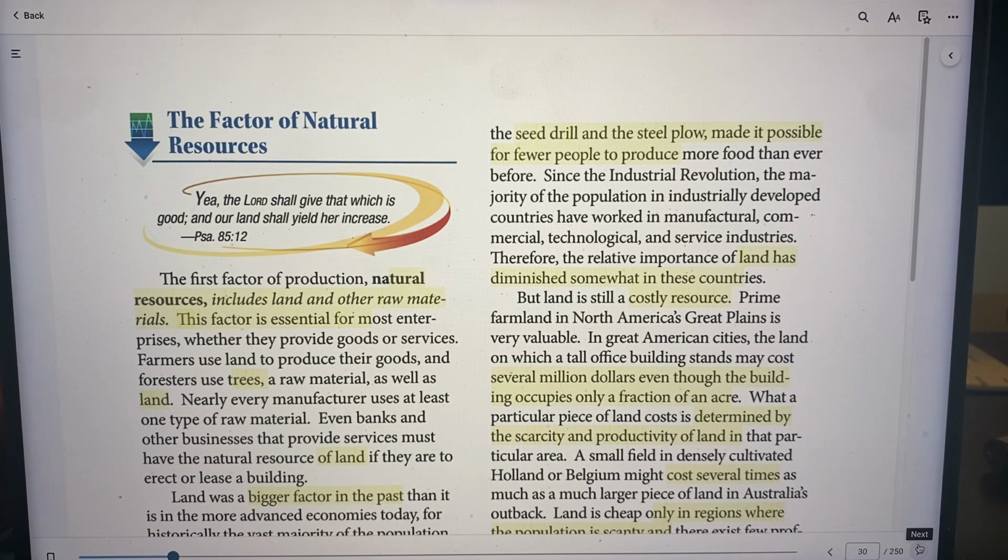This factor is very essential for enterprises. If you don't have the natural resources, you're going to have to find some way to get them, right? So it's very essential. Land was the bigger factor in the past. Now more people may not be involved in agriculture, but agriculture is still important in producing food. In the past, it was keep your land, and your land will keep you.